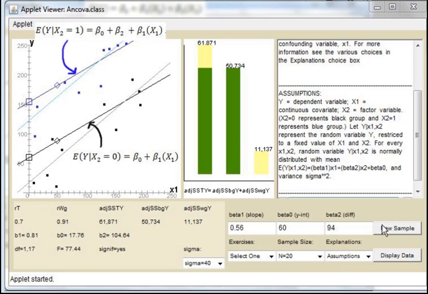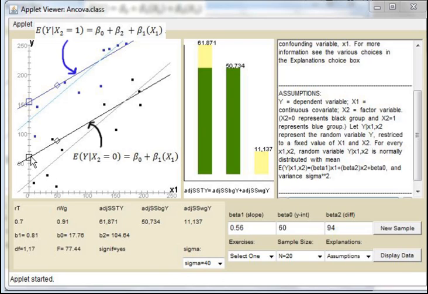We'll see in the next video that we can resample from the same population by just pressing this new sample button, and we'll get different sample estimates, and we'll be able to see how some samples approximate the parameters very well and other samples don't. We can also change model parameters.